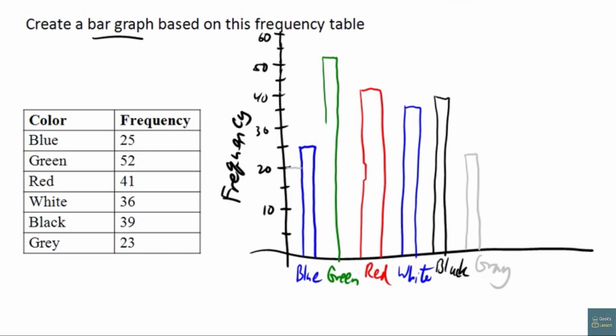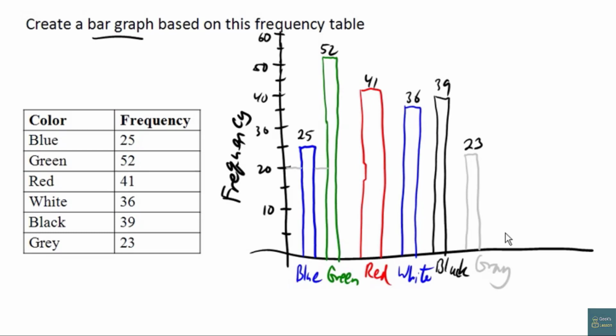Another option, and probably a little simpler, would be to just put at the top of each bar what the corresponding frequency is, and that way somebody reading the graph could easily identify the frequency of each of the bars without having to look horizontally.